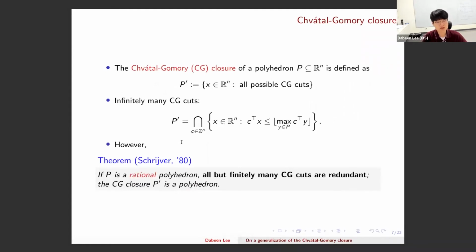But Schrijver proved that if you start with a rational polyhedron, then only a finite list of CG cuts can be non-redundant. So infinitely many of them are redundant. So this is a nice result.